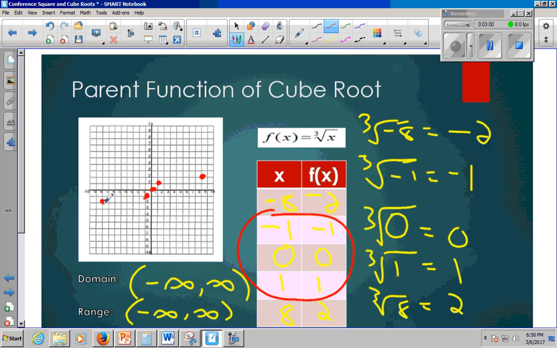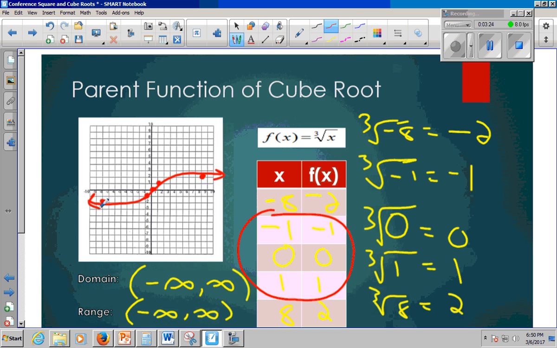Alright, so what you're actually going to find is this is the reflection of the cubic over the line y equals x. Yes, the cubic and the cube root are inverses, just like the square and the square root are inverses, but that's for another video. For right now, we just need to take notice that, again, the domain and range go from negative infinity to infinity.